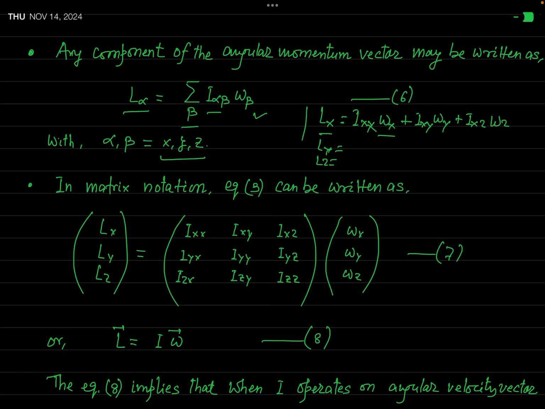So this single equation, equation 6, defines all the 3 components of the angular momentum vector, and all the moments of inertia and the products of inertia of the body about the different axes and different planes.